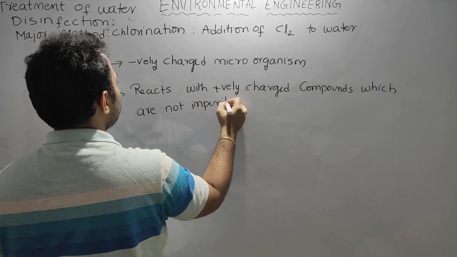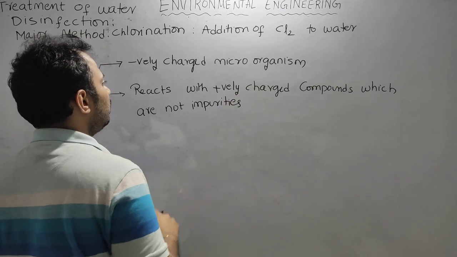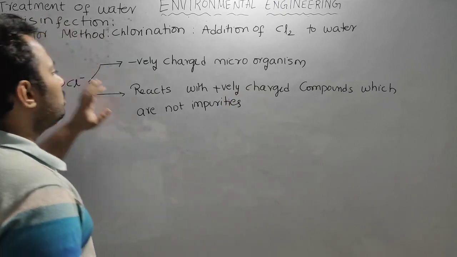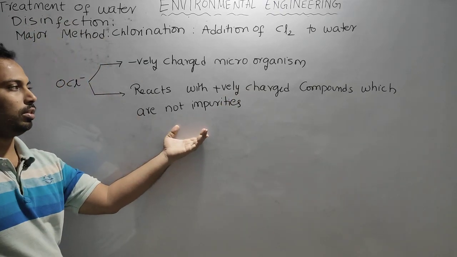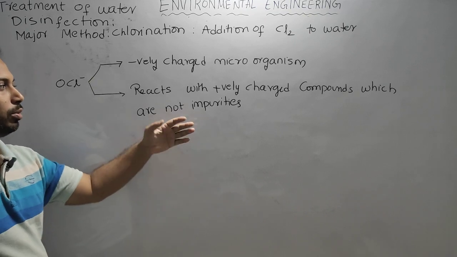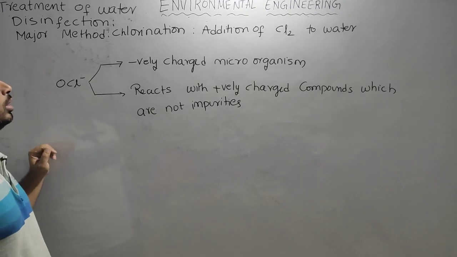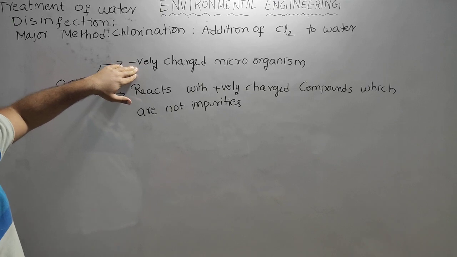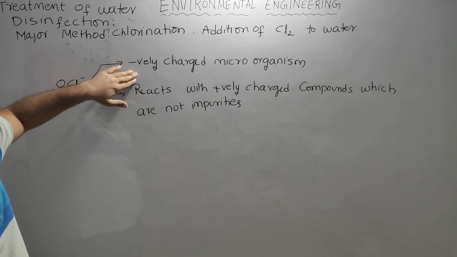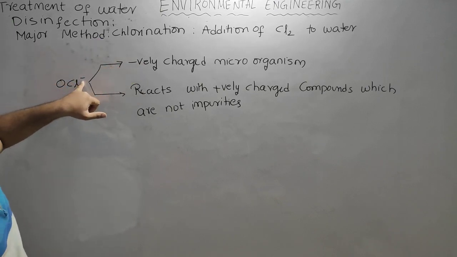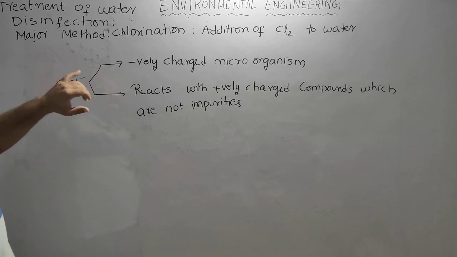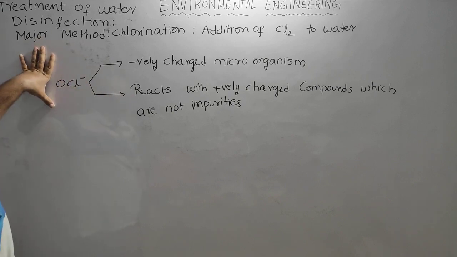So OCl minus is unnecessarily wasting its energy reacting with positively charged compounds, and it cannot tackle the negatively charged organisms because they also carry a negative charge. That is why OCl minus is less effective than HOCl.